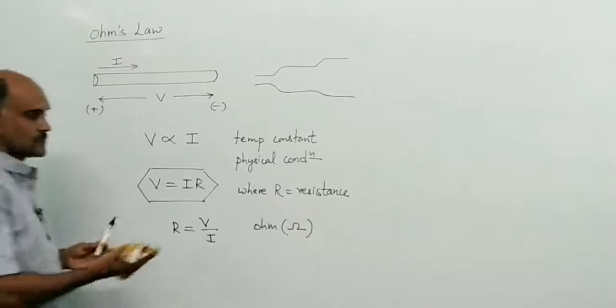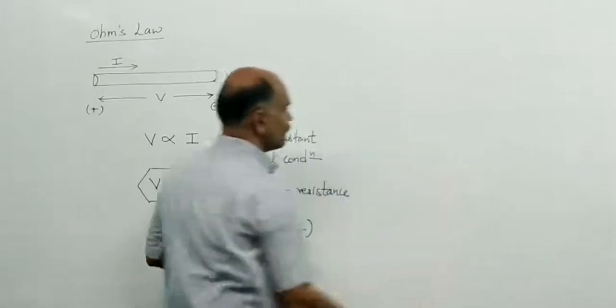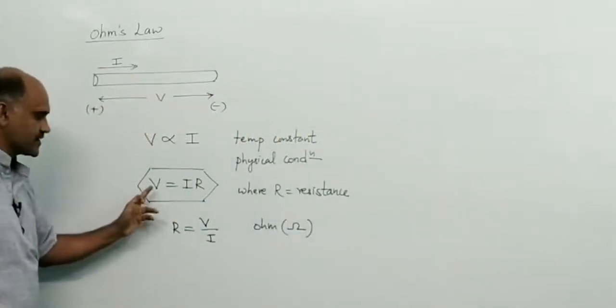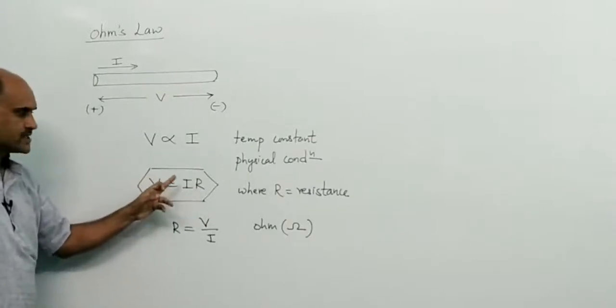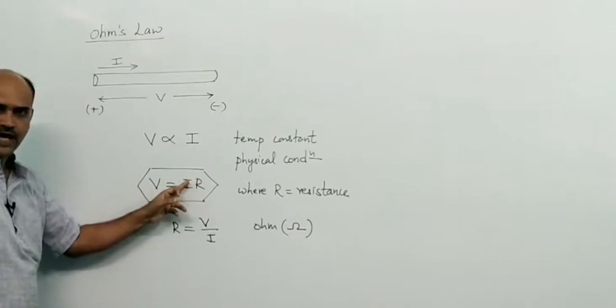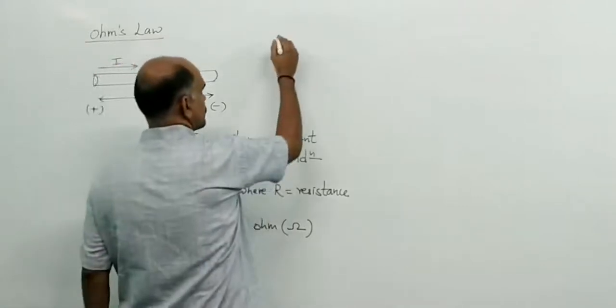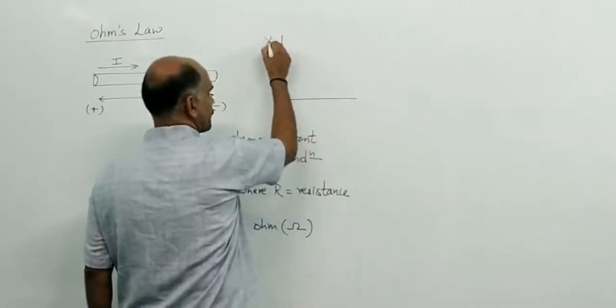So now, if you draw a graph of V with respect to I. If you see this equation, R is constant, so power of V is 1, power of I is also 1, so you will have a linear equation. So graphical representation of Ohm's law you will have in this form.